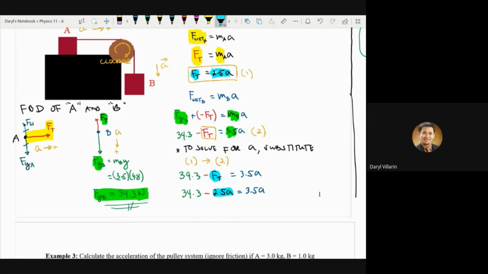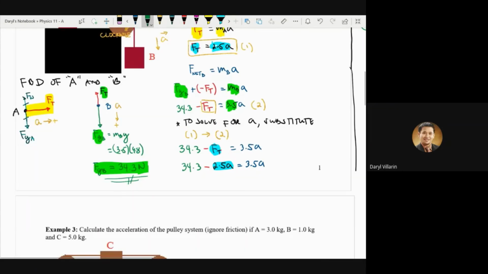Now, upon substituting, I think it's much better to do substitution here than doing the elimination method, because right away you have the expression for your Ft. So now I'll just have to solve for my a. I'm gonna isolate my a. So that means that this is plus 2.5a on both sides. This gives me 34.3 is equal to 6a.